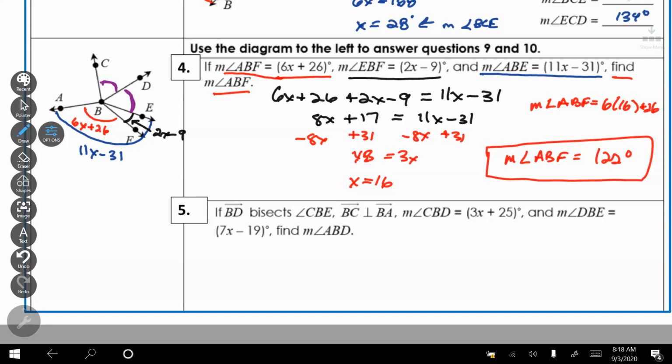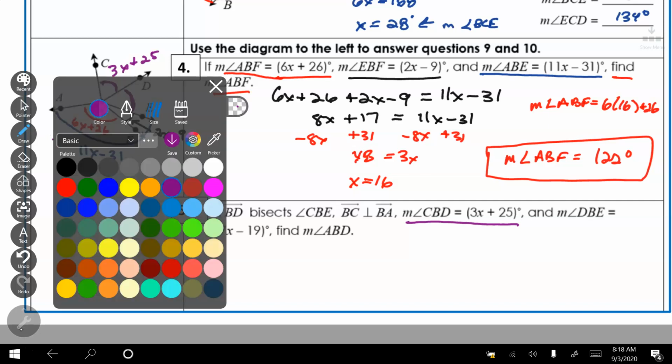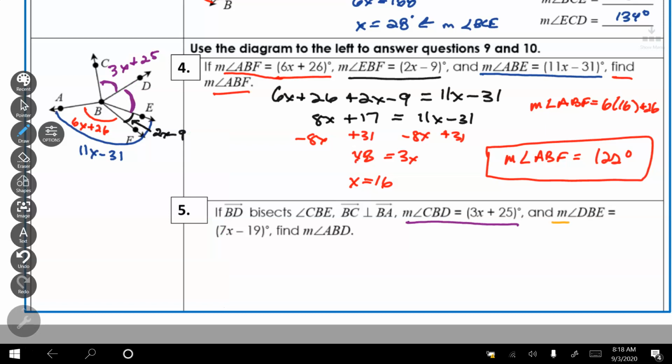Okay, well, I do know that CBD is 3x plus 25. So that angle next to it in purple, DBE, would also be 3x plus 25. But we're lucky that they actually give us another value. So we know that angle DBE, this angle here, is 7x minus 19.